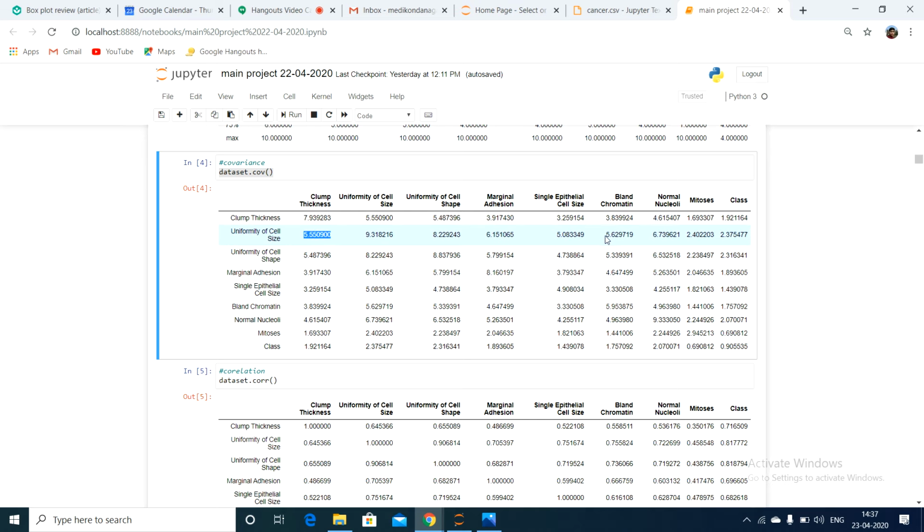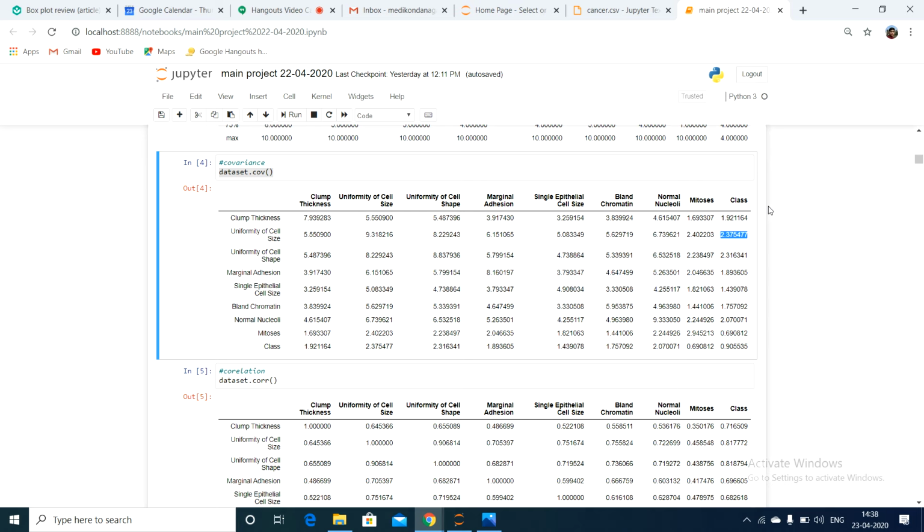Our main intention is to identify whether a woman has class 2 or class 4, that is malignant or benign. We finally need to predict that. So let us see the relationship between uniformity of cell size and class. The relationship between these two is 2.37.